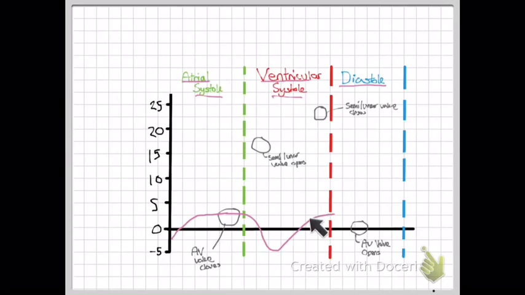Okay, because this line here is blood filling in the atria again, while the valve's closed. Then we get to this point here. Probably drawn that line a bit too steep, so I'm going to draw it again. We get to this point here.